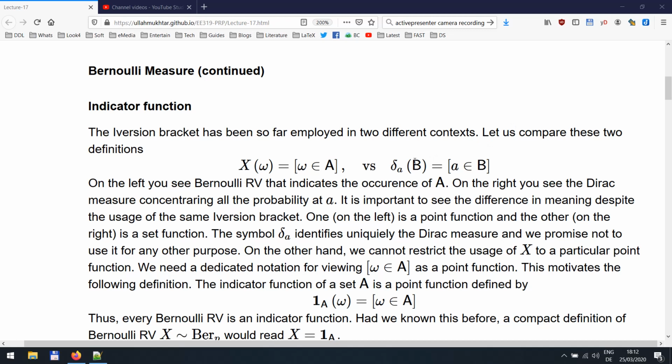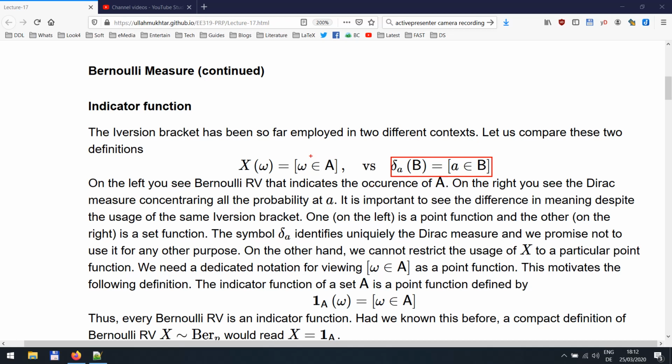We saw how it helps us write a compact expression for the Dirac distribution. So the Dirac distribution located at A is easily expressible in terms of the Iverson bracket.